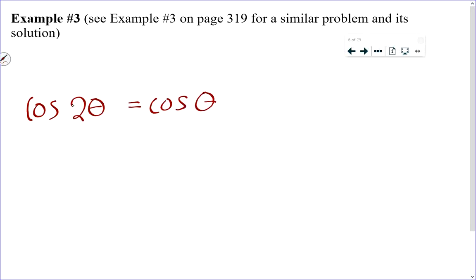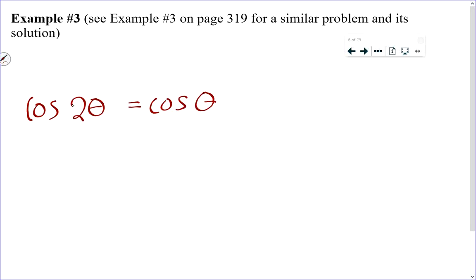Okay, well, we got to get rid of that double angle. So I want you to go to your formula sheet and take a look at the double angle identity for cosine. And there's 3 of them. We can change the cos of 2 theta.